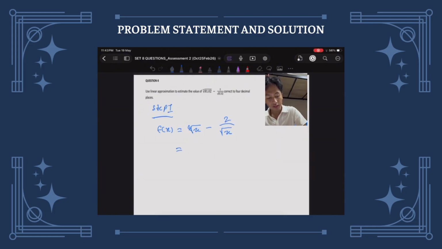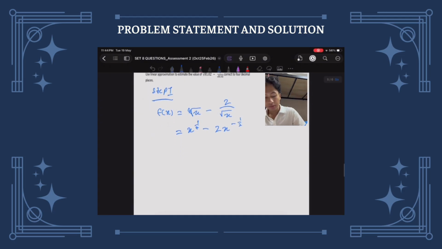So we get x to the power of 1 over 4 minus 2x to the power of negative 1 over 2.